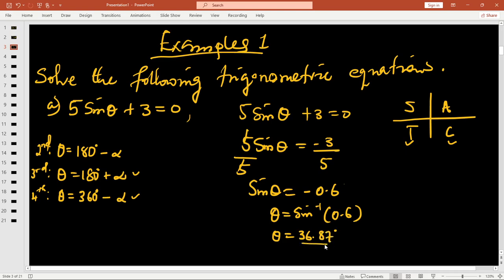Now, this is not the angle that we're looking for, because 36.87 degrees falls in the first quadrant. Remember, this gives us a negative number, meaning that our solutions are supposed to come from the third quadrant and the fourth quadrant. So what do we do?